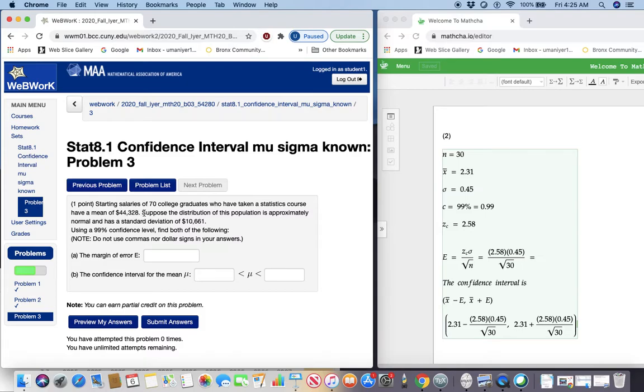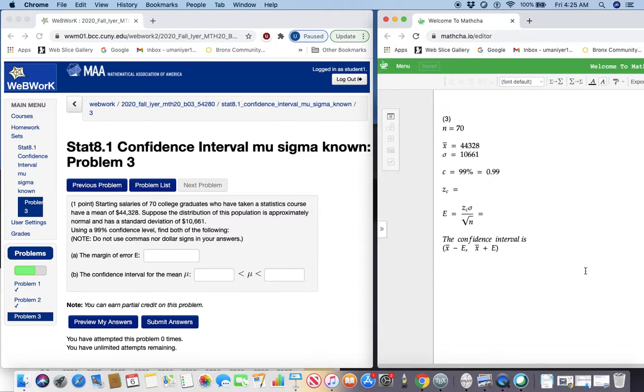Next problem. Starting salaries of 70 college graduates who have taken a statistics course. So the theory is the same. I have a sample size of 70. There is a mean for the sample, so x bar is 44328.